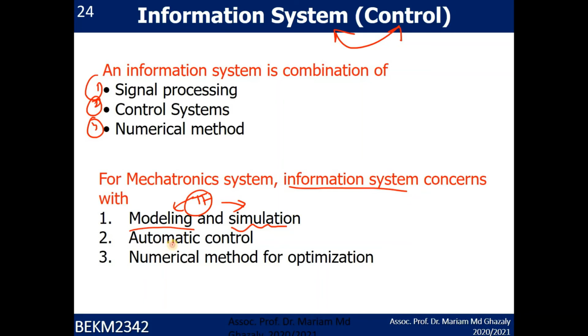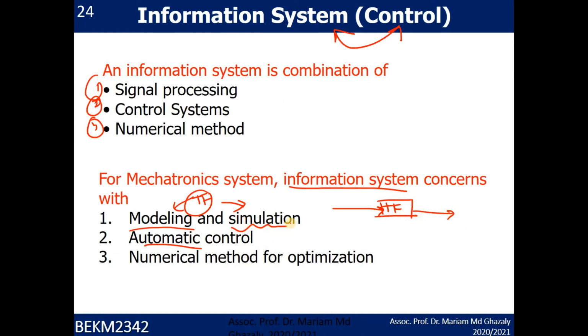The second one is the automatic control. Basically, in the modeling, you will have one transfer function here. The transfer function will be the mathematical modeling, and you're going to do a simulation. For example, you can run the simulation using MATLAB Simulink, and when you run the simulation, you can show the open loop characteristic of the system.